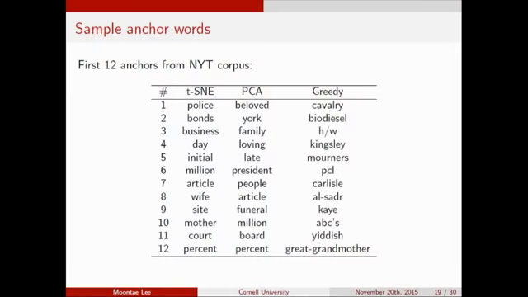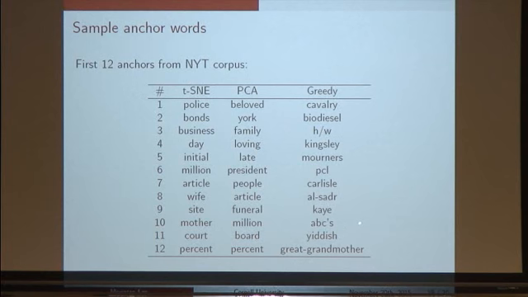I will show some sample anchor words from the original algorithm, which is called greedy here. This is the New York Times corpus, which is popular in the field. As you can see, none of the anchor words are understandable. We had a toy experiment in a previous EMNLP paper.